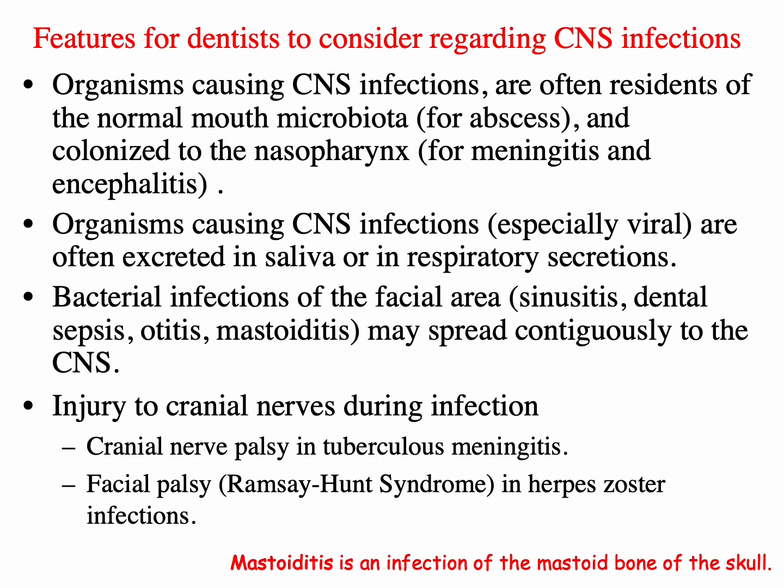Then the infection itself can cause nerve damage, particularly cranial nerve damage. There is a condition called cranial nerve palsy in tuberculous meningitis. That means people who have Mycobacterium tuberculosis develop a chronic meningitis, and the cranial nerves can be damaged, causing this cranial nerve palsy.